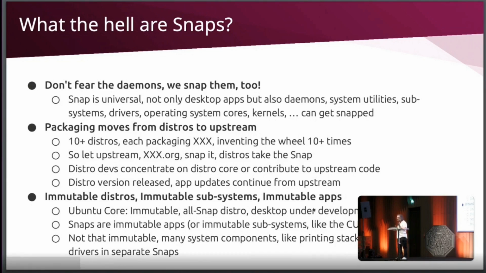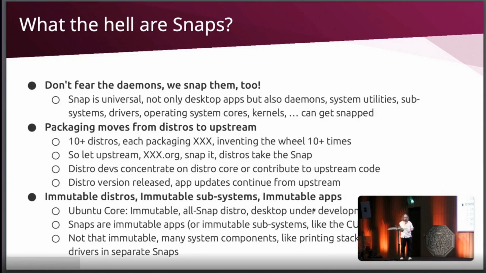But we can even exchange the kernel. For example, the user can replace the original kernel by a gaming-oriented kernel. We have also a desktop session snap, which one can also exchange by another one, so KDE instead of GNOME or so. And so we have a nicely modular, immutable application with snaps.